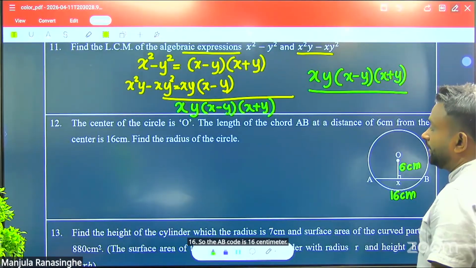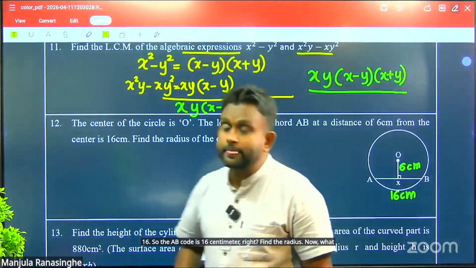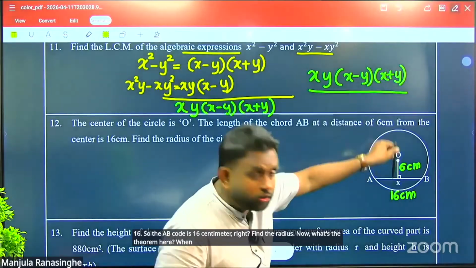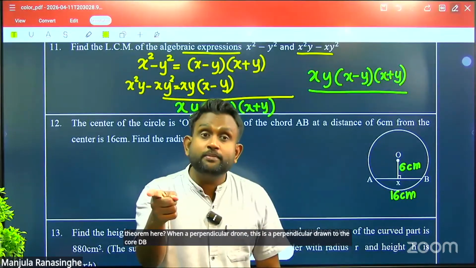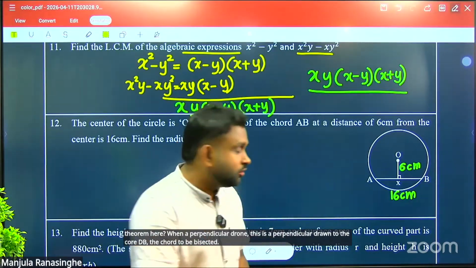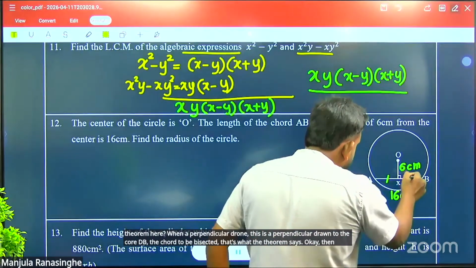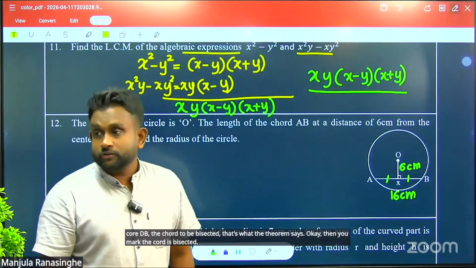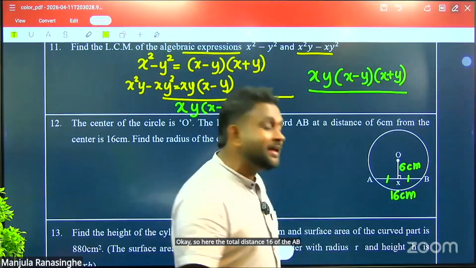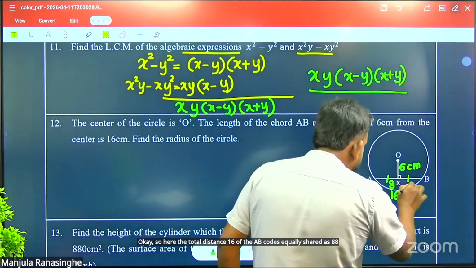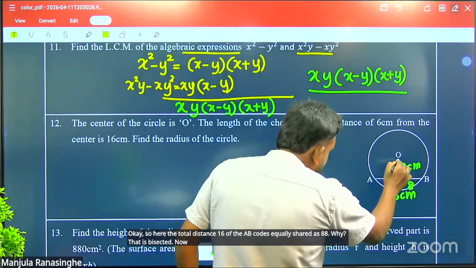Find the radius. Now what's the theorem here? When a perpendicular is drawn to the chord AB, the chord is bisected. That's what the theorem says. Then you mark the chord is bisected. So the total length 16 of the AB chord is equally shared as 8, 8. Why? That is bisected.